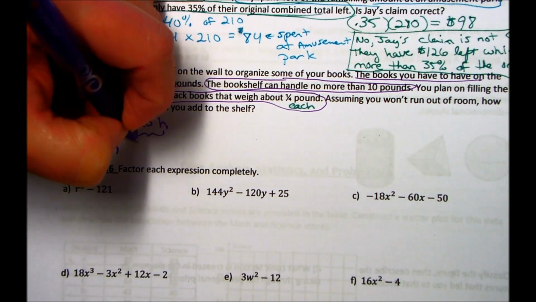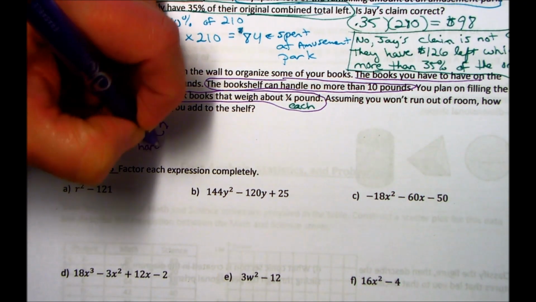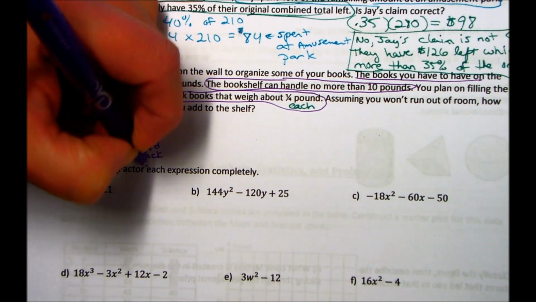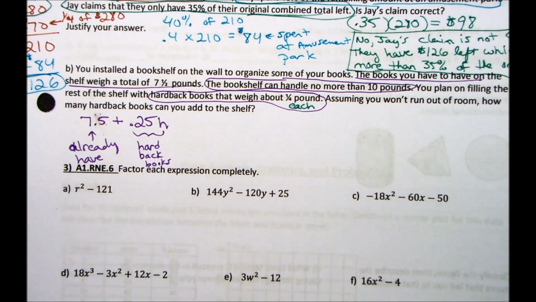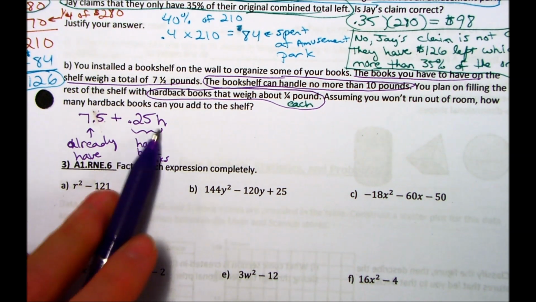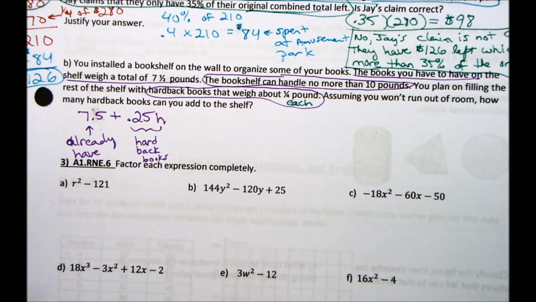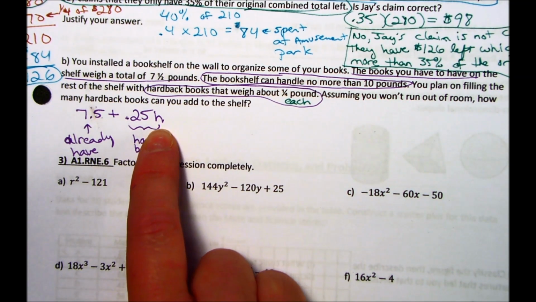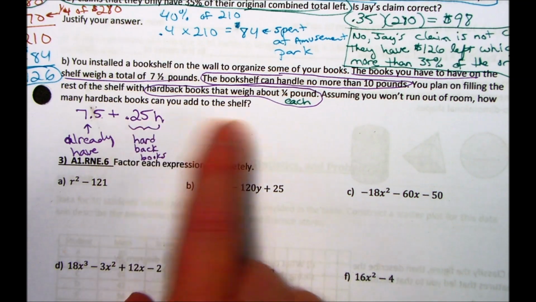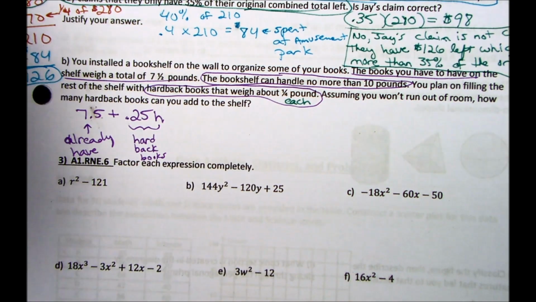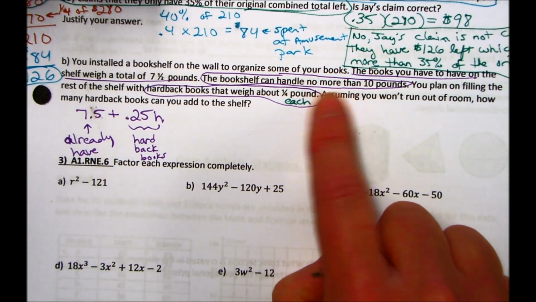So this is your hardback books. Now if you had to define the variable, you would not just want to say H equals hardback books. You would want to say H equals the number of hardback books. So if you take the number of hardback books times the 0.25, because they're 1/4 pound each, then you will get your weight.